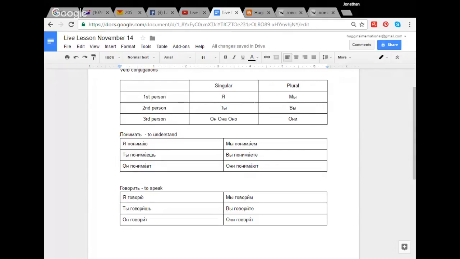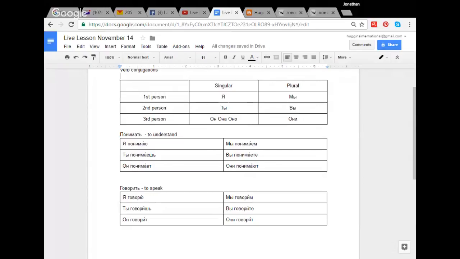Okay, so since Russian has three genders, you have he, she, and basically it, оно. And in the past tense, Russian verbs conjugate more like an adjective.